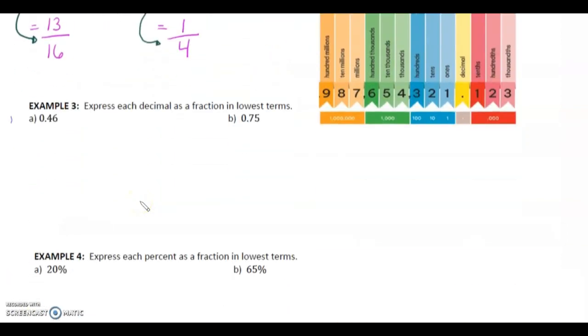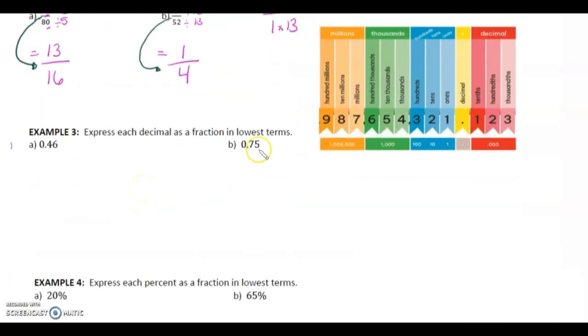All right, example 3. Express each decimal as a fraction in lowest terms. So what we're going to do is we're going to take a look at how many decimals our number has. So in this case, we have 2 decimals. What we want to do is come over here to this place value chart and locate the decimal.